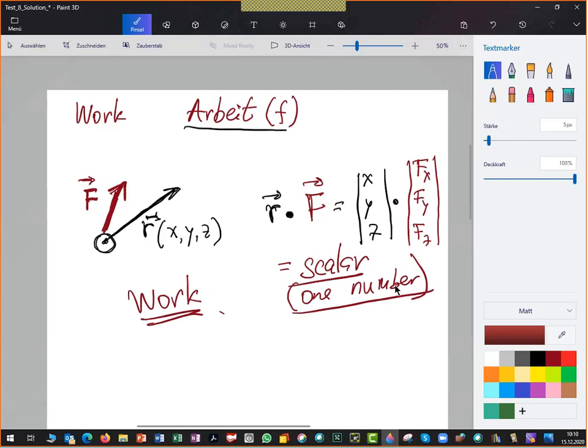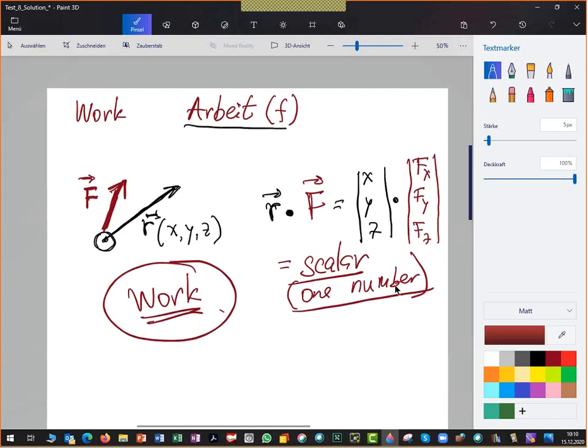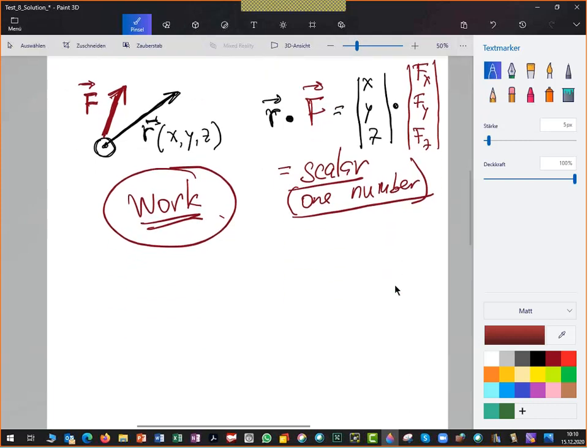But the work may be positive and negative. And this number you are getting may be positive or negative depending on what the scalar product of these two vectors will be. Since we are talking about work value, I think you also remember how we calculate the magnitudes of work, right?